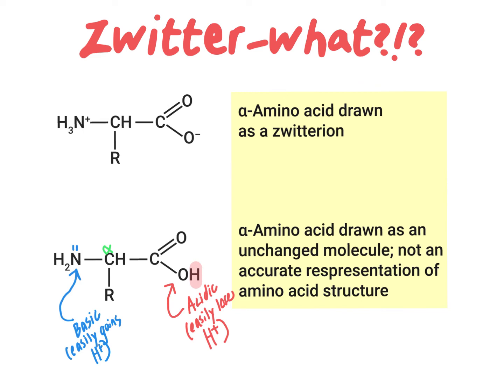And so what happens in physiological pH conditions, in other words, at a pH of 7, neither acidic nor basic, that's the typical condition within the body, is that this amine group isn't found as just a neutral NH2, but instead at physiological pH of 7, the preferred state of that molecule has that extra proton.